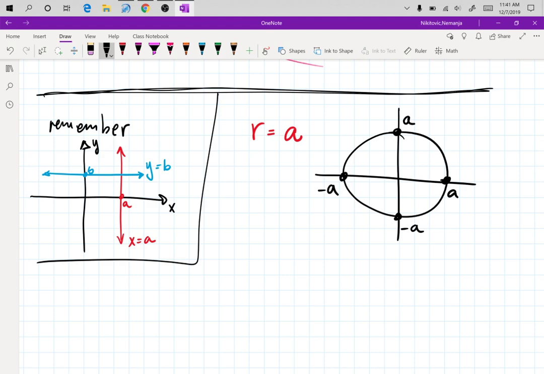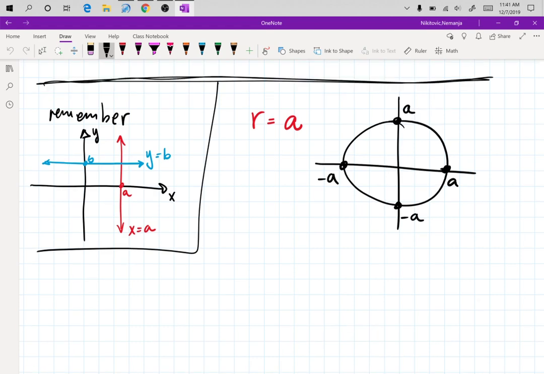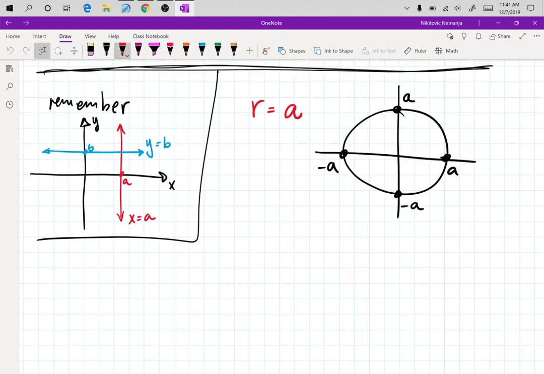So this is where we are making a point that these systems do not compete. One is great for one thing, the other one is great for the other thing, and they don't compete. And if you force them, you're going to get absolutely crazy expressions, and then good luck with them, right? So r equals a is a circle. That's one of the basic formulas, and it's really awesome.